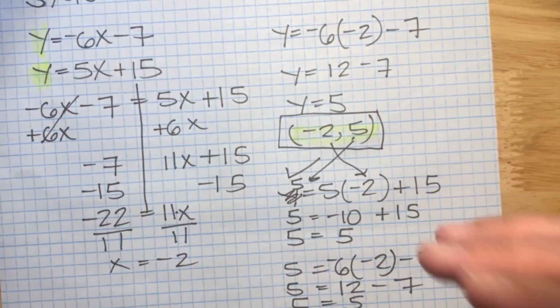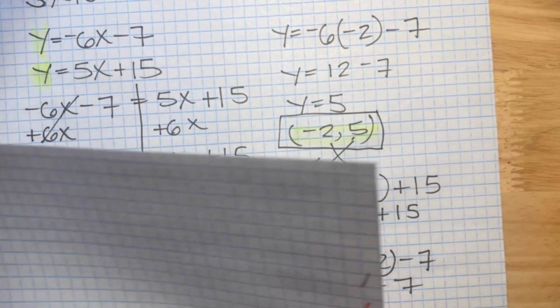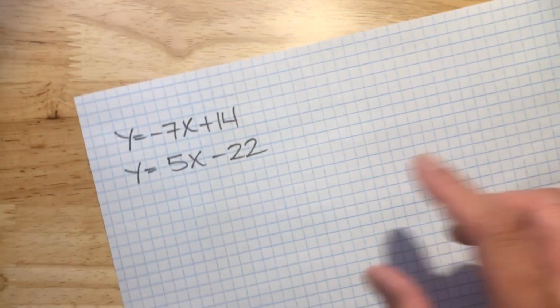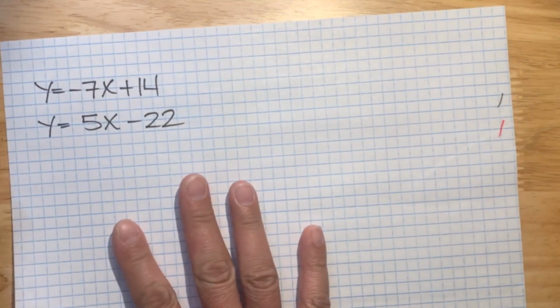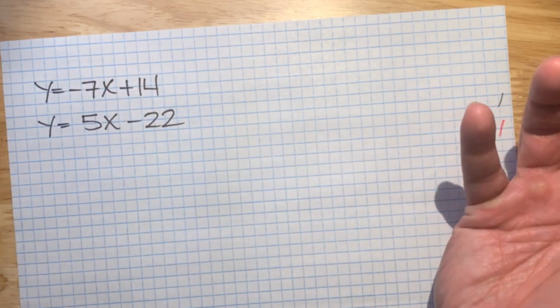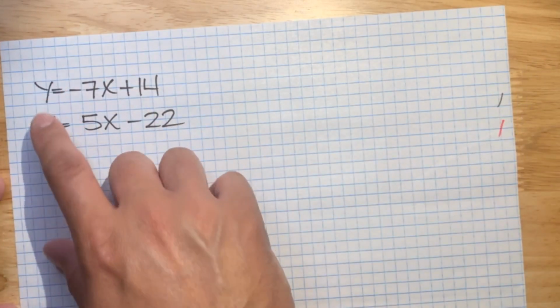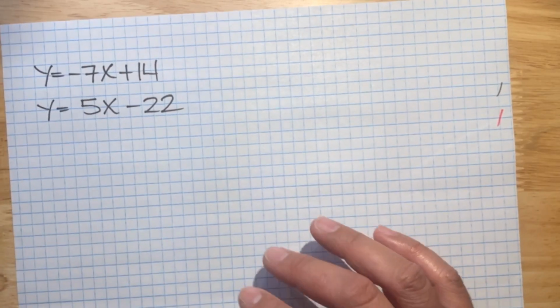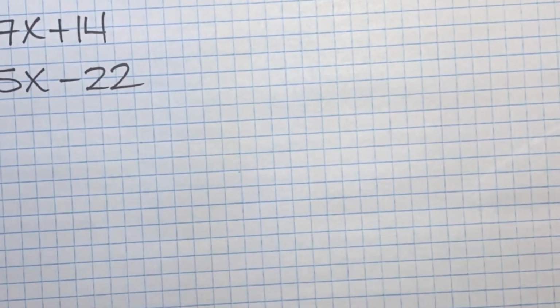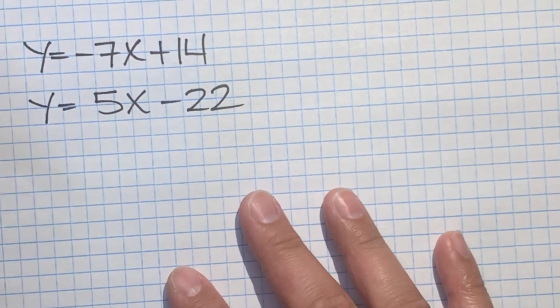All right, so let's try another one. Okay, so if you notice, both of these equations, what do they have in common? They both equal y. So since they both equal y, we can set them equal to each other.